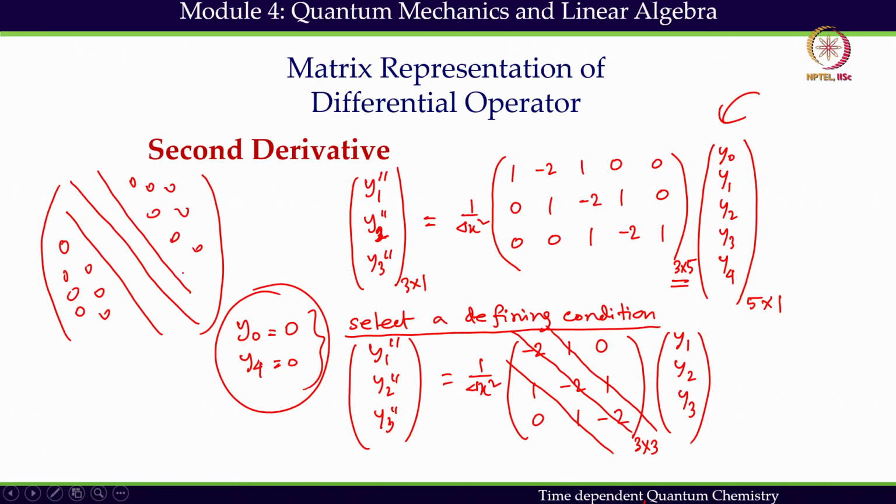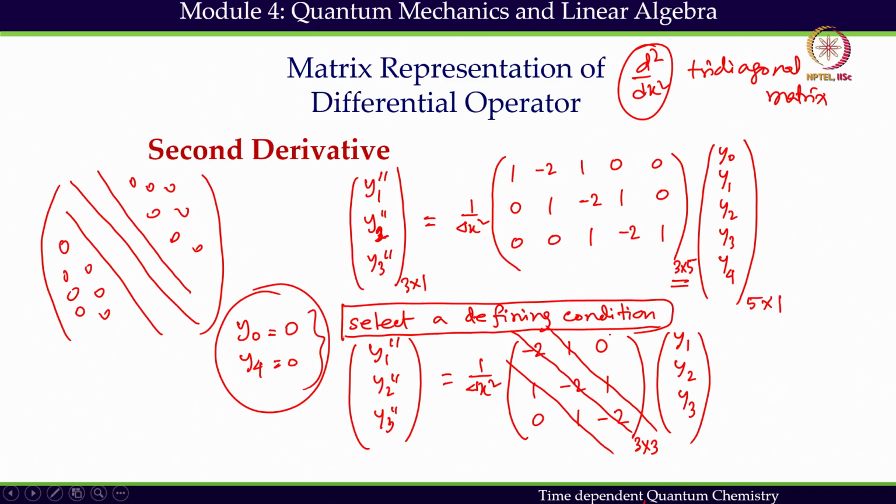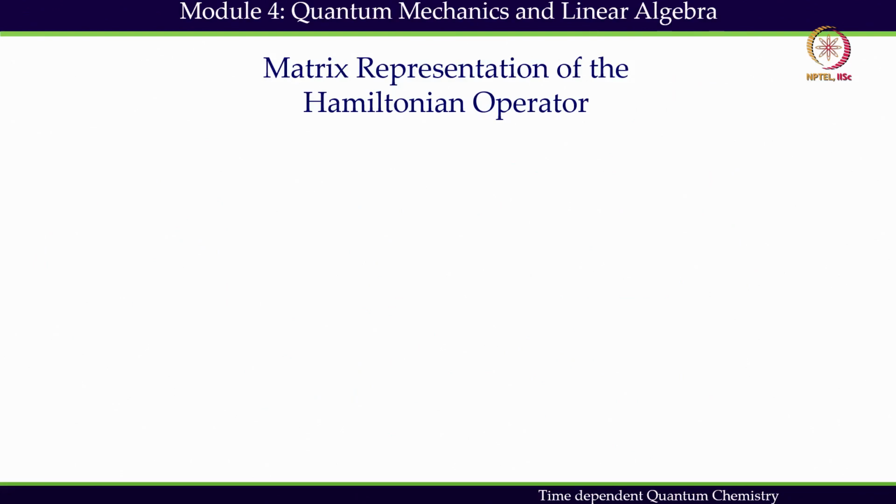Basically, this d2 dx2 gives me a tridiagonal matrix when I use this boundary condition, this defining condition for the initial wave function. And this kind of tridiagonal matrix can be used to find the eigenvalue and eigenvector for the operator.